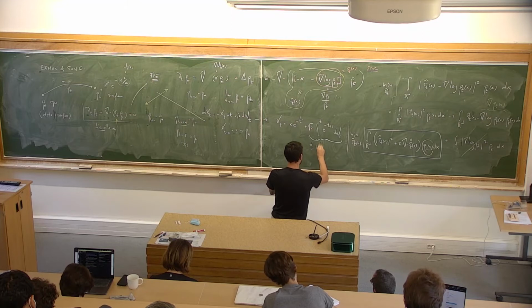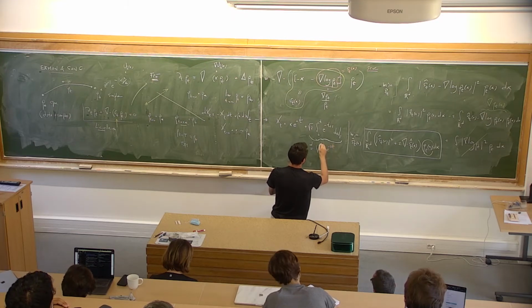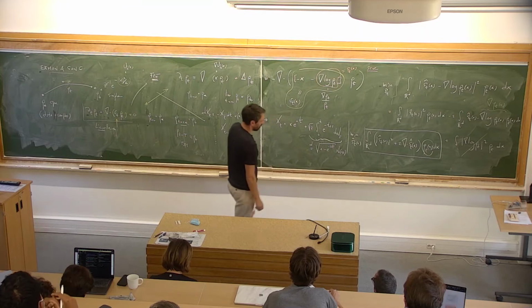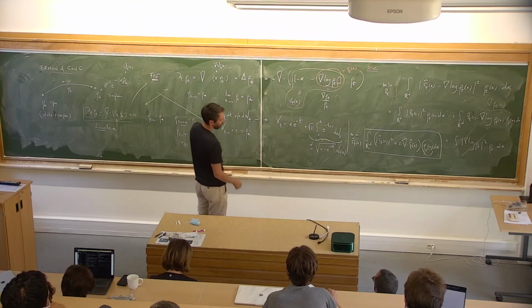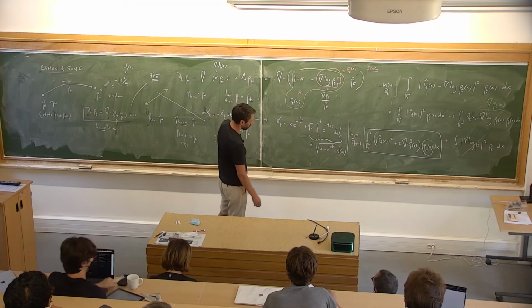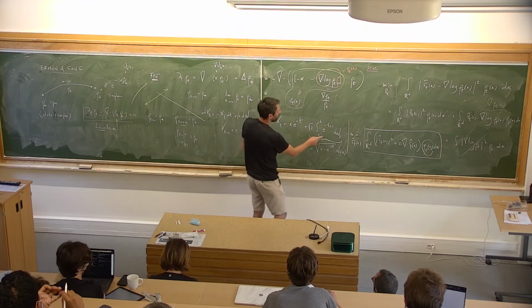This is e to the minus t times x plus the square root of 1 minus e to the minus 2t times an N(0,1). Evolving with a Gaussian, exponentially decreasing weights. Let me derive this.